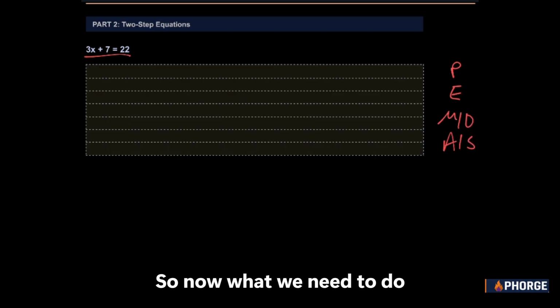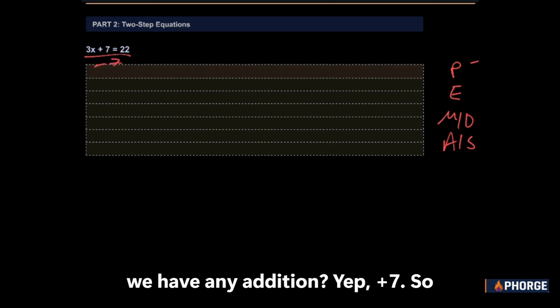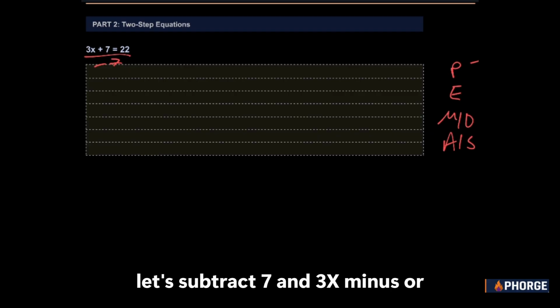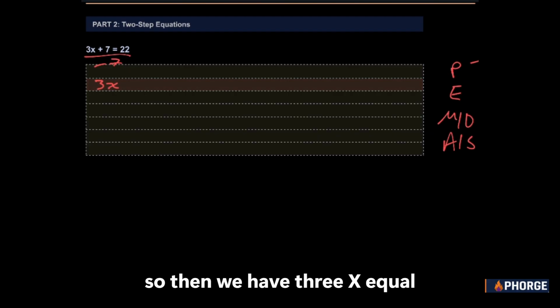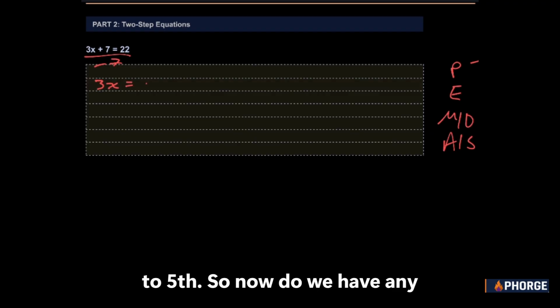Now we need to start from the bottom and work our way up to the top. So addition and subtraction. Do we have any addition? Yep, plus 7. So let's subtract 7 from both sides, and then we have 3x equal to 22 minus 7, which is 15.